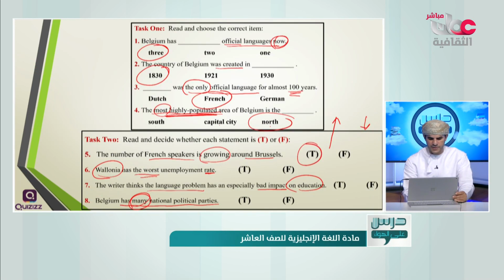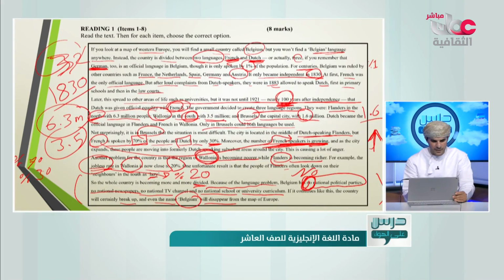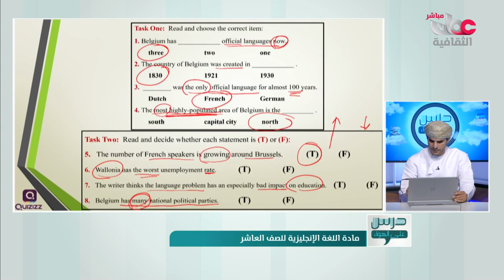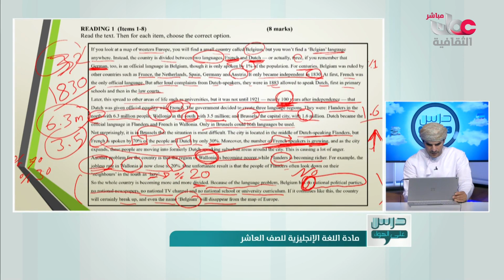Wallonia has the worst unemployment rate. Wallonia is now close to 20%. So it is correct. The writer thinks the language problem has an especially bad impact on education. Let's see. Because of the language, so it is correct.